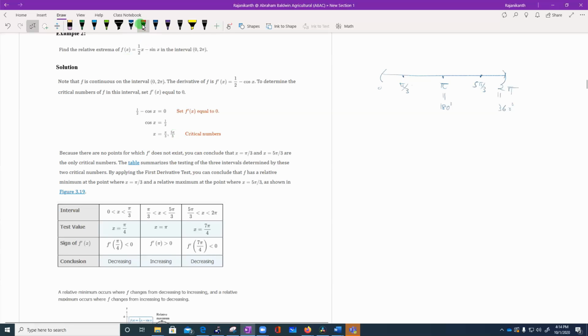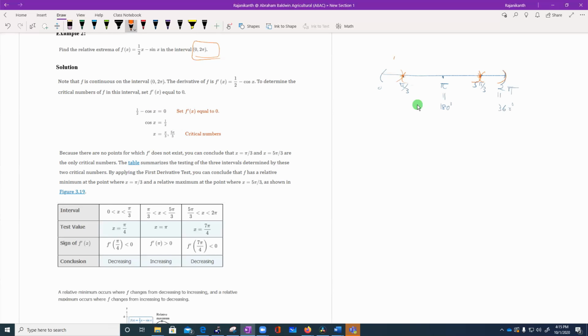Okay. Now what is your task? Your task is to divide the entire interval into subintervals throughout those critical points. So you only have to split the entire interval by using the critical values. Therefore, the entire interval 0 to 2 pi is now split into 3 pieces.